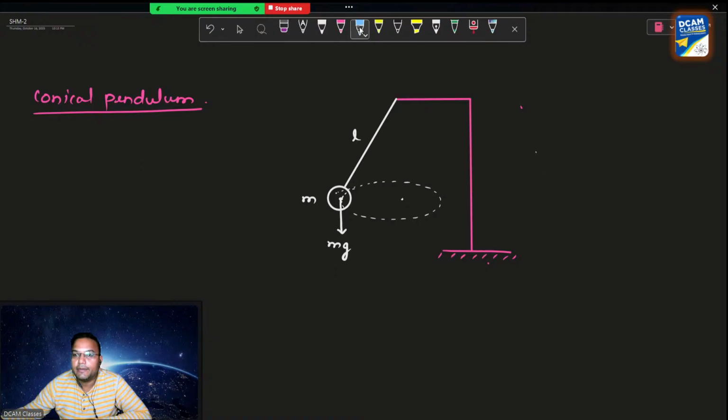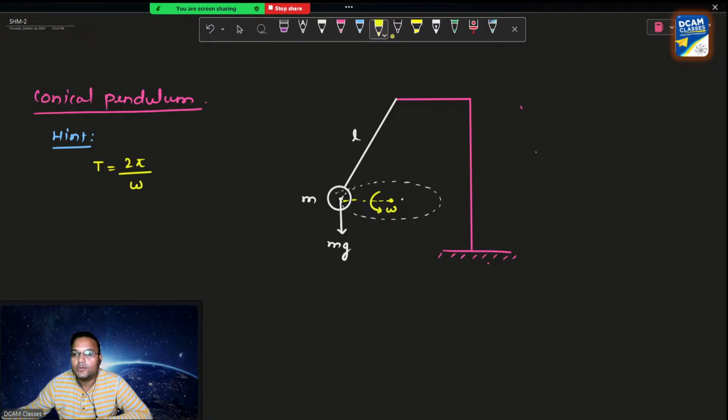See, one hint I can provide you. Since it is rotating about this point, if you can find out omega, the time period will become 2 pi by omega. Omega is the angular velocity. Somehow you have to find the value of omega.